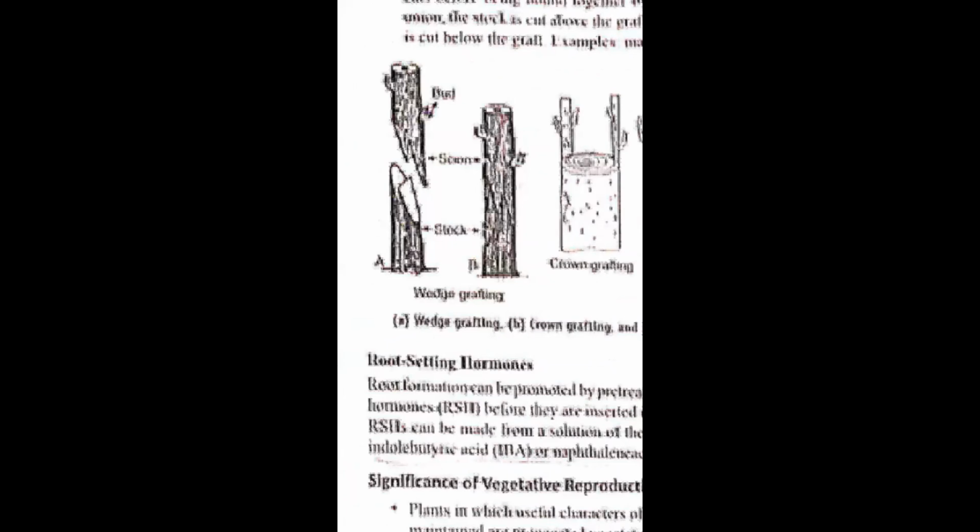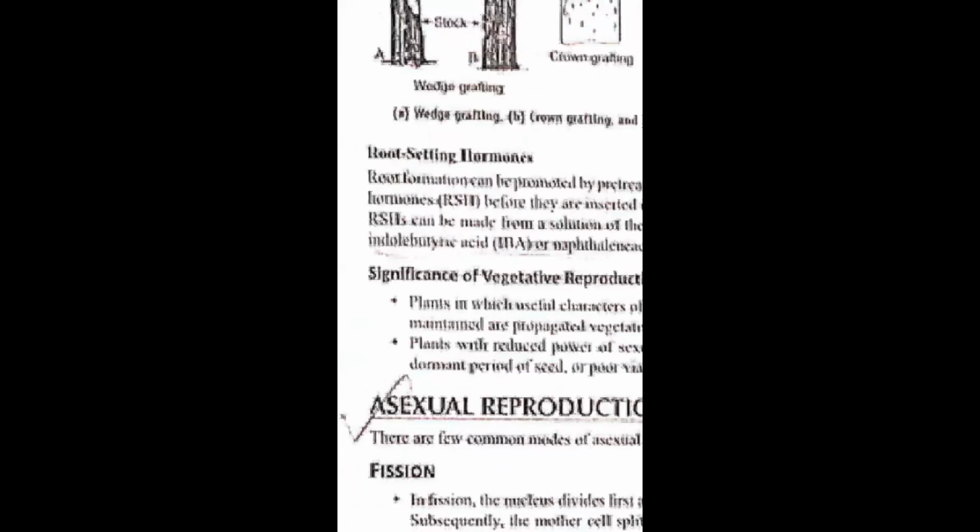And here, what is the main importance? One more thing is root setting hormones. Root setting hormones are nothing but chemical substances. Suppose you want to induce a root, and also a shoot.